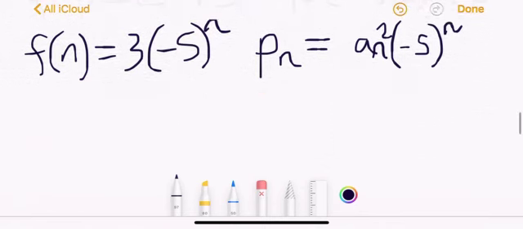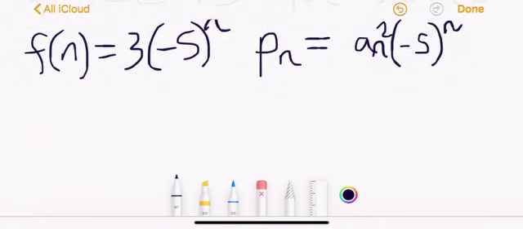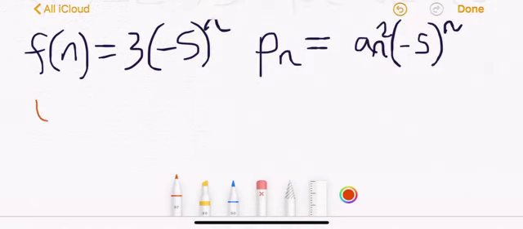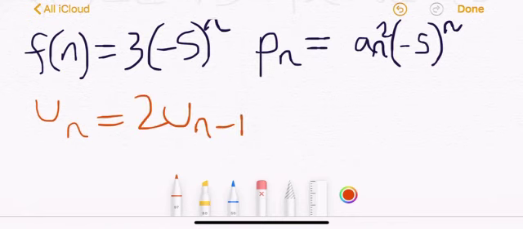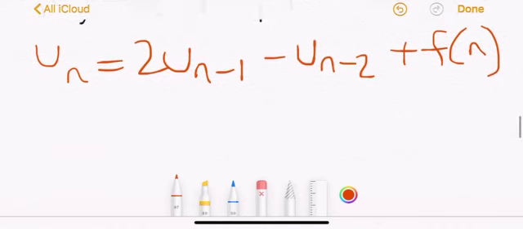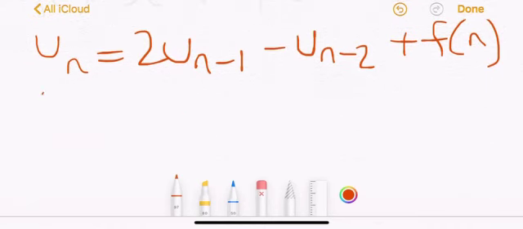Finally, one more to consider is if we have the recurrence relation u n equals 2 u n minus 1 minus u n minus 2 plus f of n. And the solution to the homogeneous equation here, h of n, is linear.